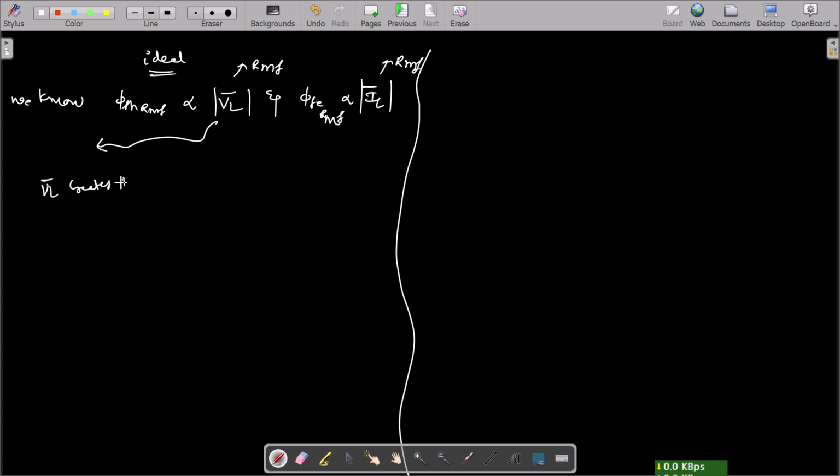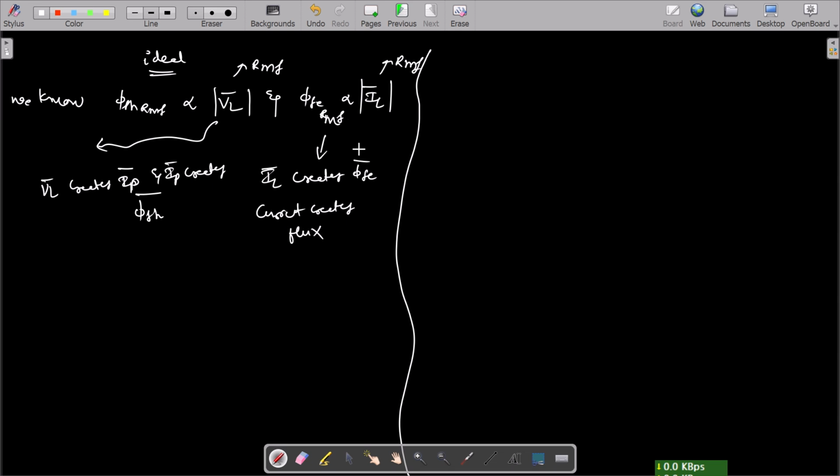VL creates IP and IP creates phi SH bar, and here IL creates phi SC, because current creates flux. The series magnet is connected in series with the load, so the series magnet currents and the load currents will be the same, because both are connected in series.